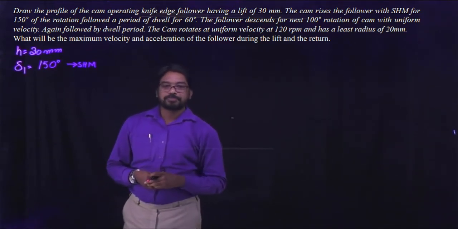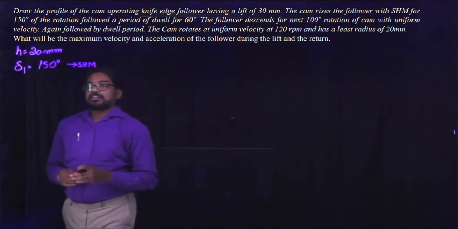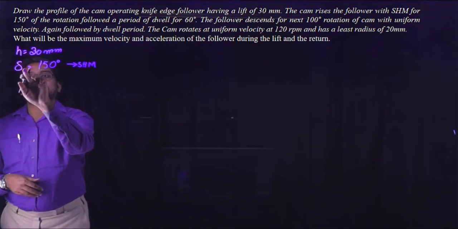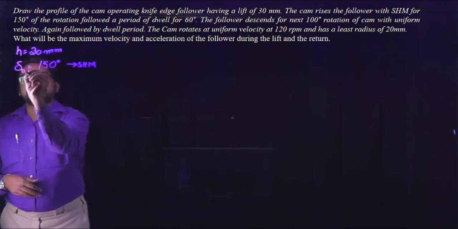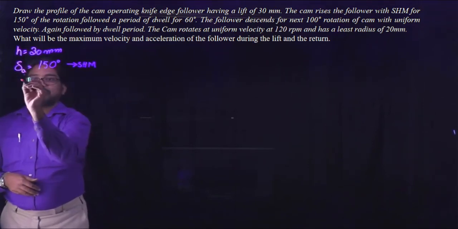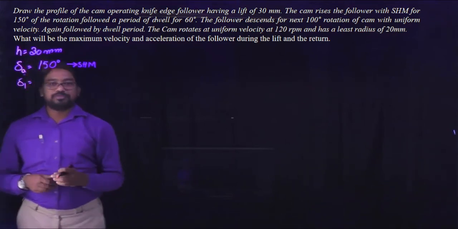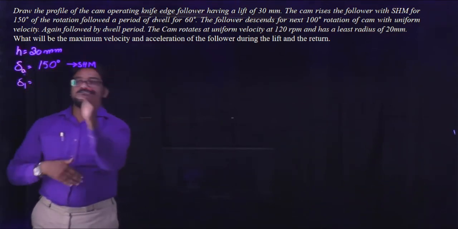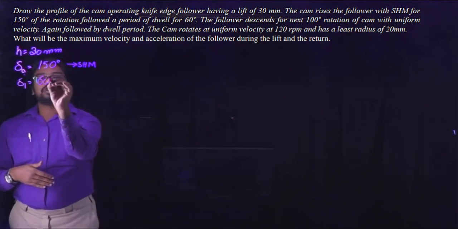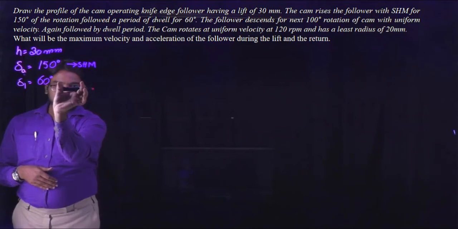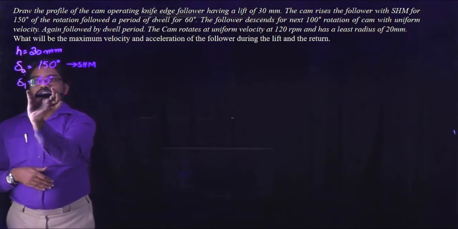For the next period, the dwell period, for convenience let us write it as delta 2. For the next 60 degrees we have a dwell period. In this dwell period there is no motion of the follower, that is what we call a dwell period.